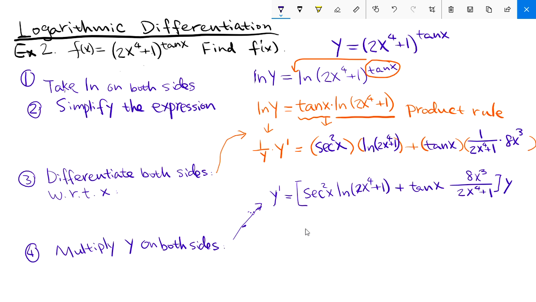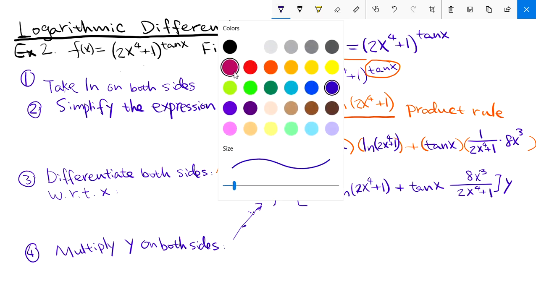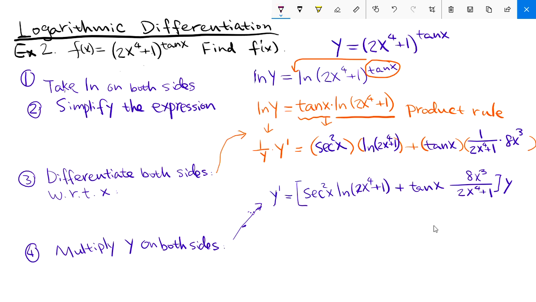That's my y prime. And don't forget the last step, we're not done yet, because our final answer should just be in terms of x. There shouldn't be a y in there anymore. So I'm going to replace this y by its overall expression, which is our function right here.